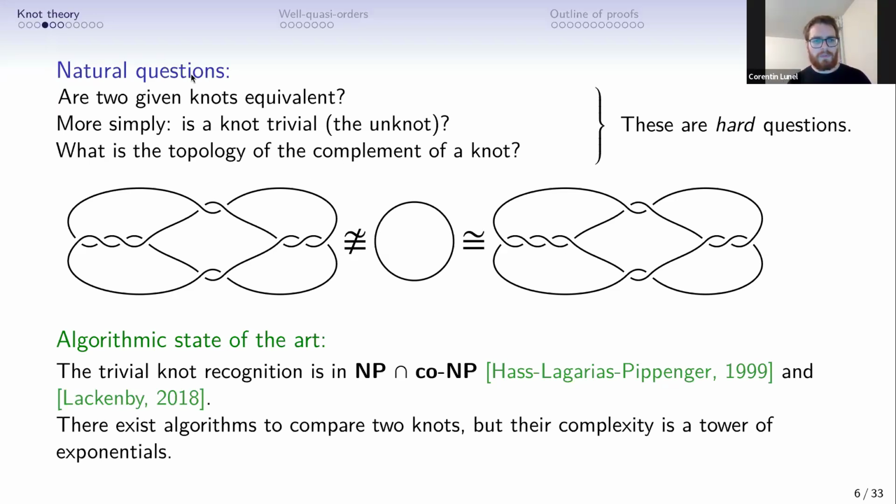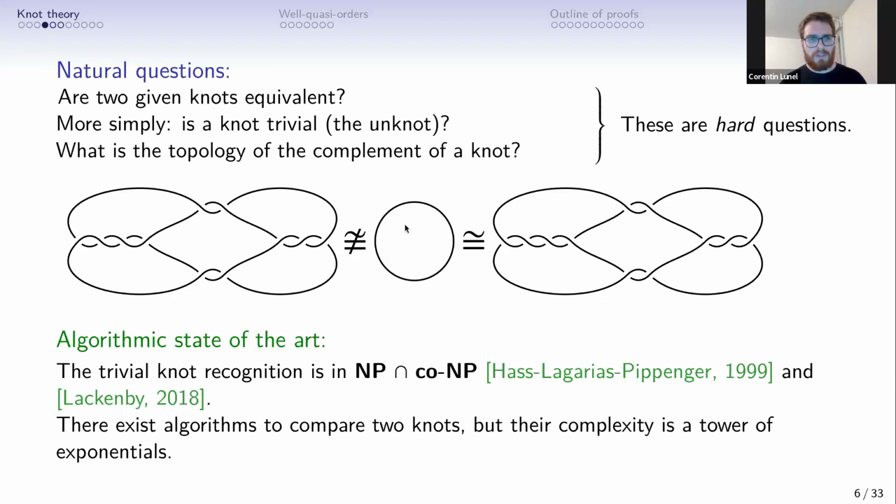We have some algorithms to answer these questions, like trivial knot recognition. We know it is in NP and co-NP, from the work of Hass, Lagarias, Pippenger, and Lackenby for the co-NP part, but we don't know a polynomial time algorithm solving this question. Although a quasi-polynomial time algorithm has been announced by Lackenby some years ago.